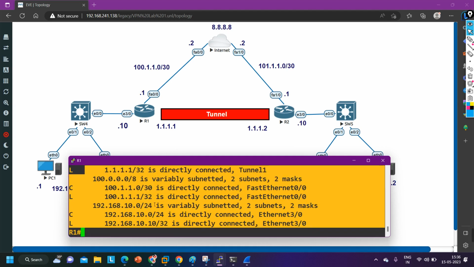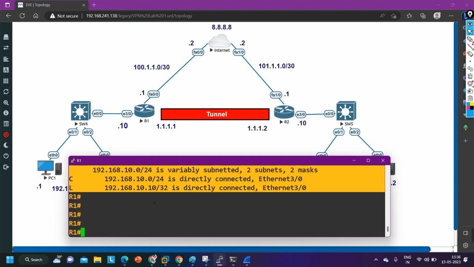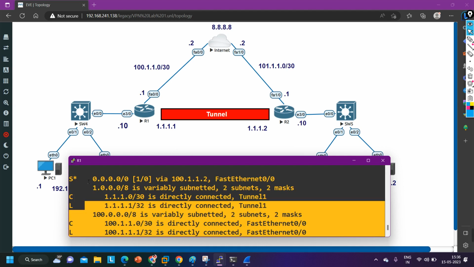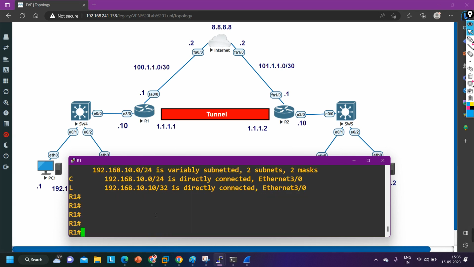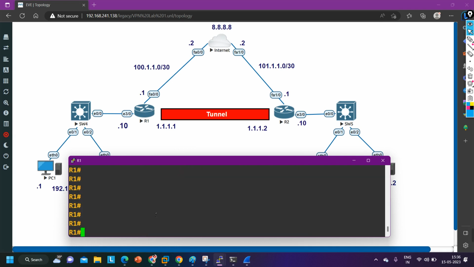No. Communication will not happen because it will forward traffic towards the ISP because there is one default route, but it will not perform encapsulation, right? So the ISP will drop it because the source IP address is private.